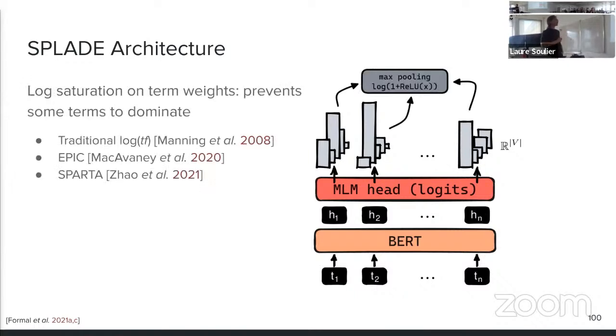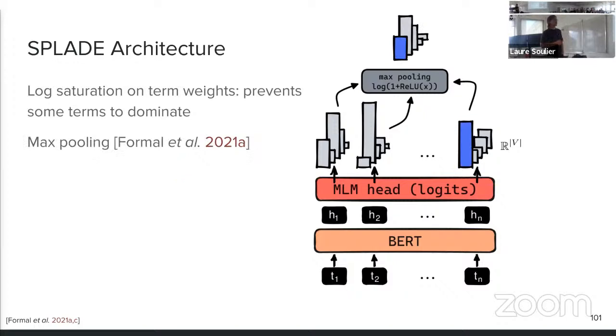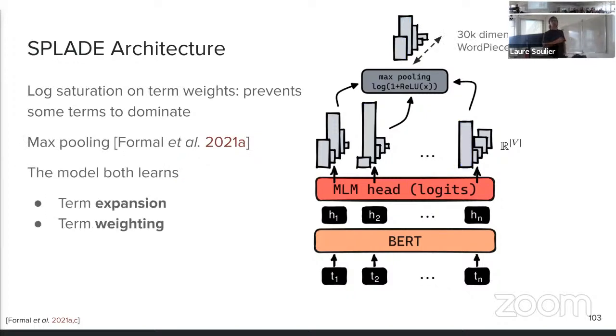After that, we use some log saturation on term weights, which was inspired from traditional approaches to IR, but has also successfully been applied to neural architectures. After that, we do max pooling over the input tokens, and we get a final representation in the vocabulary space. And when we do this, we allow the model to learn both a term expansion and a term weighting.